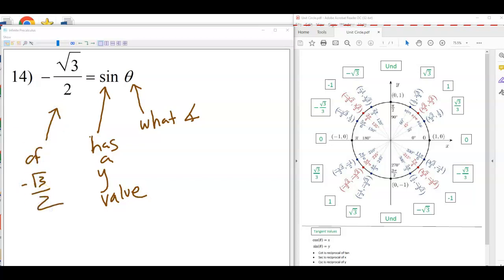Take a look at your unit circle, see if you can find it. I see two of them. There's one here, and there's also one here. Oftentimes when you're finding the angle, there will be two answers. Not always, like the last one didn't, but a lot of times there will be. So there's two angles that have that, 4 pi over 3 and 5 pi over 3.